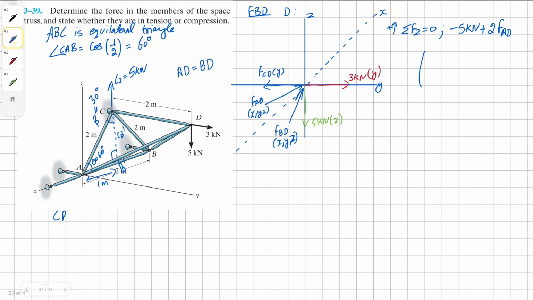So the CB prime length is going to be, we can use sine 60 with the hypotenuse, and we'll get root 3 as our solution for the length of CB prime.